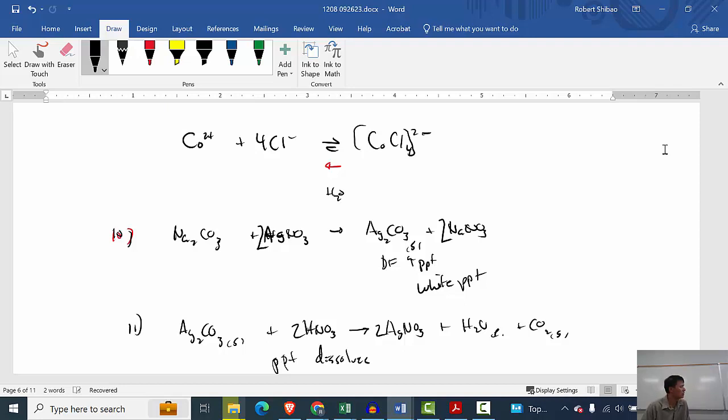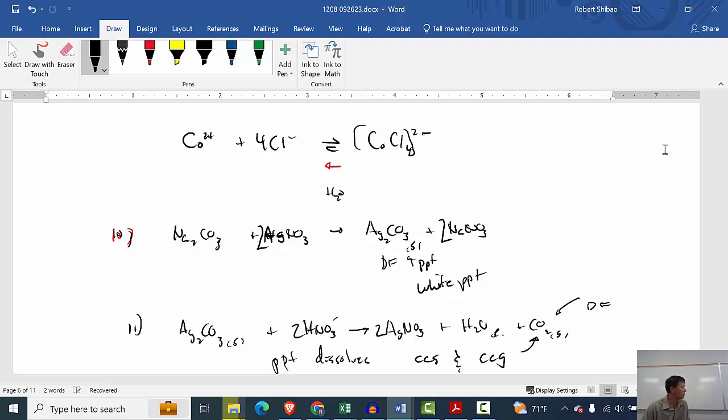Silver nitrate's colorless, water is colorless, CO2 is colorless. So we end up with a CCS and a CCG. CCG is the CO2. CCS is the silver nitrate aqueous. This will be the driving force here.